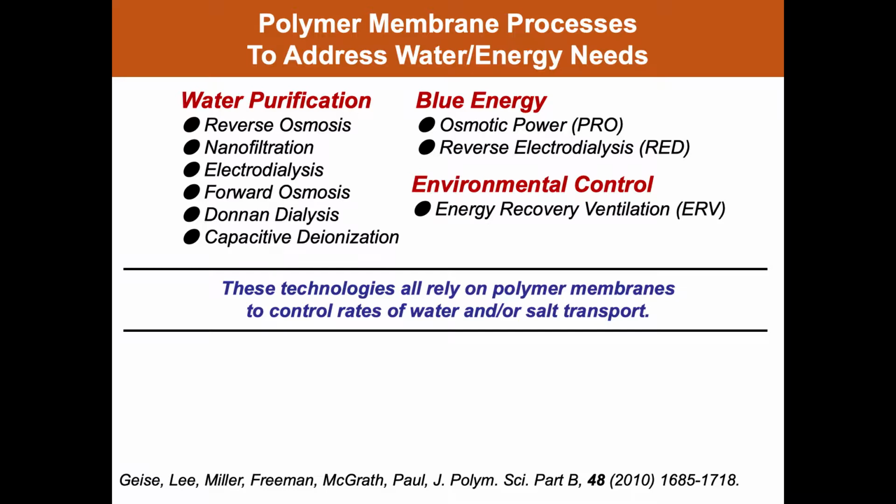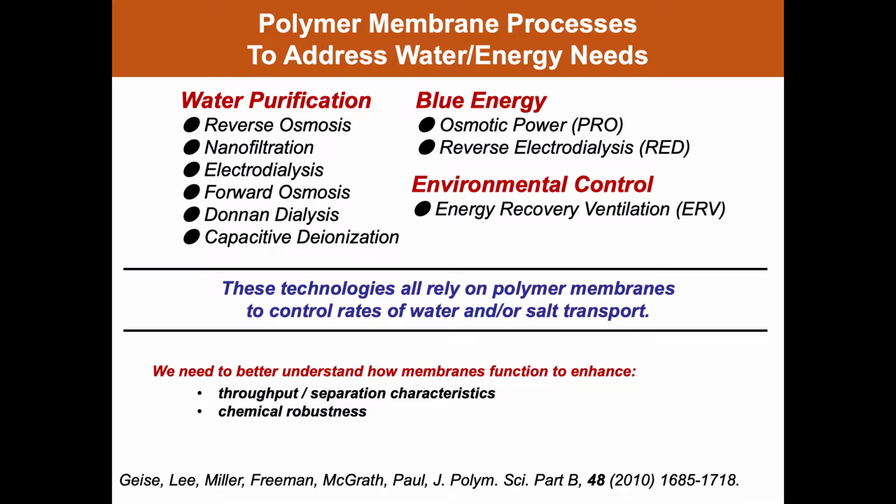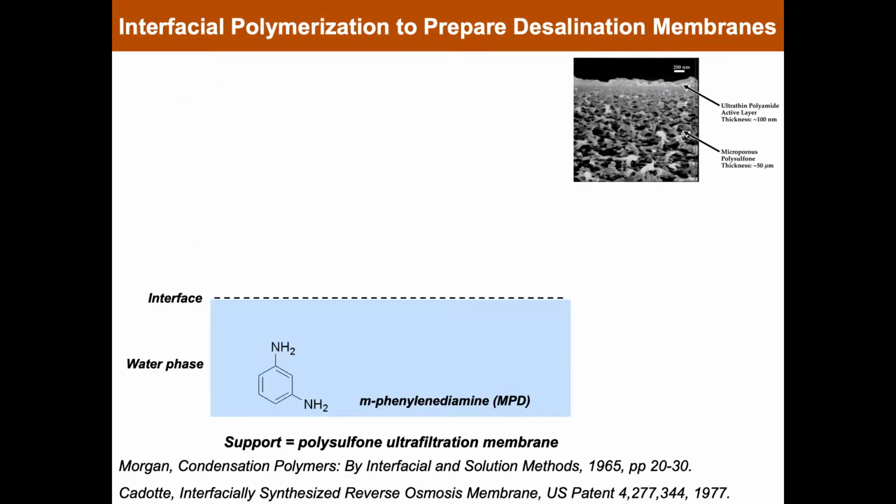And all of these technologies, or many of them, rely on polymer membranes to control water and/or salt transport. And so I'll show you an example of a modern desalination membrane. This is the cross-sectional picture of a reverse osmosis membrane that's used for desalinating water.